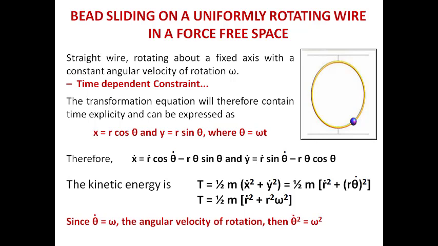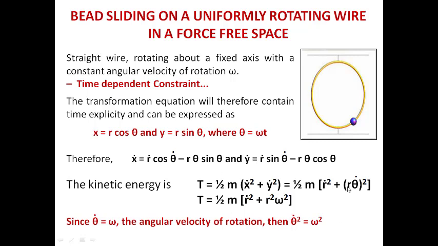If we calculate the kinetic energy, T equals 1 by 2 m times x prime square plus y prime square. If you substitute the values of x prime and y prime from the earlier equations, you get r prime square plus r square theta prime square, because sin square theta plus cos square theta equals 1.